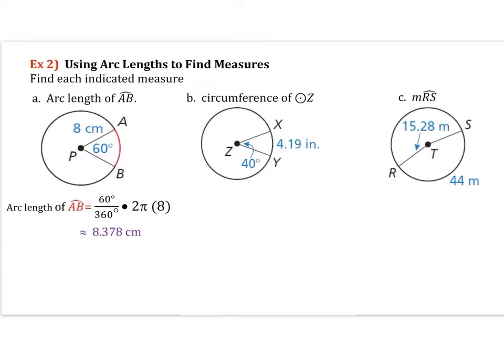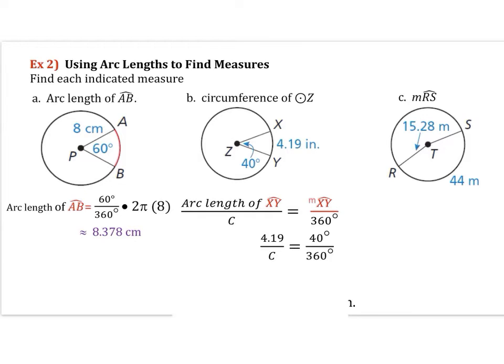All right, the next one, we want the circumference of circle Z. Since we want the circumference, we would use the first formula option where it's a proportion. So the arc length of, in this case, XY divided by C, our circumference, equal to the measure of arc XY divided by 360.